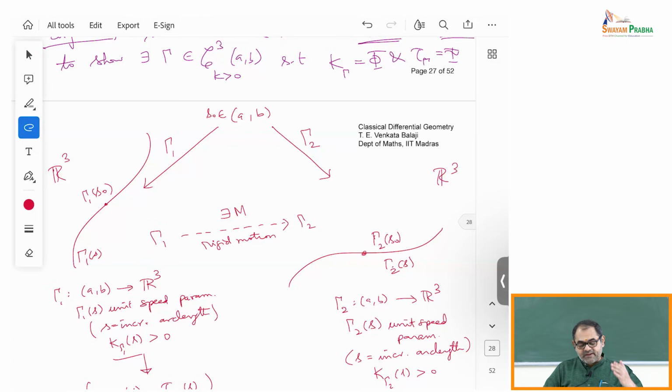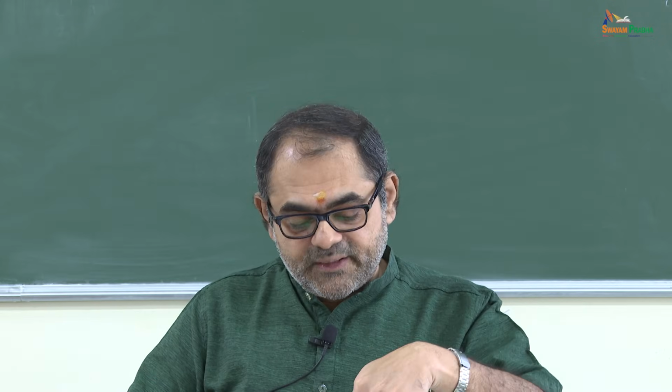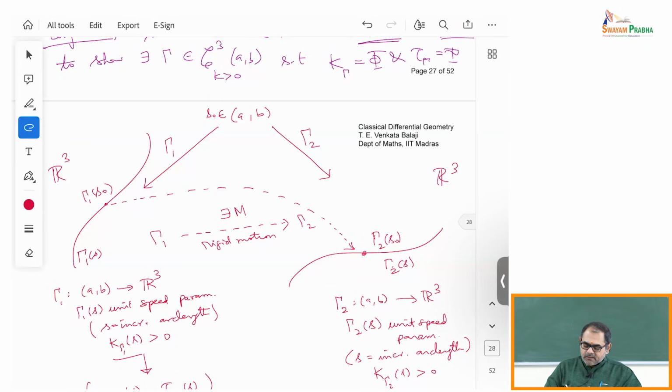Now if there is a rigid motion that is moving gamma 1 to gamma 2, then that rigid motion m has to take this gamma 1 of S0 to gamma 2 of S0. So m circle gamma 1 of S0 will be equal to gamma 2 of S0. If there is a rigid motion, this has to happen.